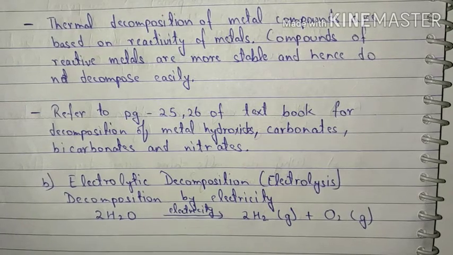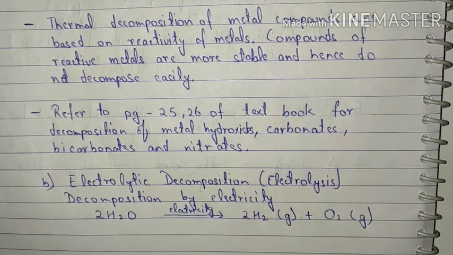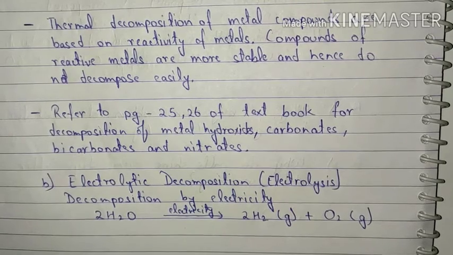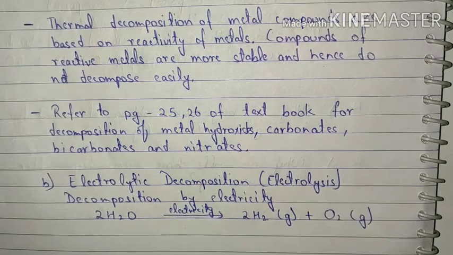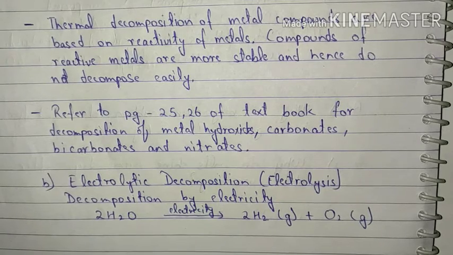Now what happens when these metals indulge in compound formation? The compounds formed by the active metals are much more stable than compounds formed by inactive, or rather less active, metals. So what we observe is that the compounds formed by highly active metals are very stable to heat, whereas the compounds formed by low reactive metals are less stable to heat.